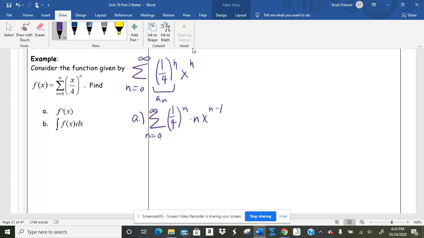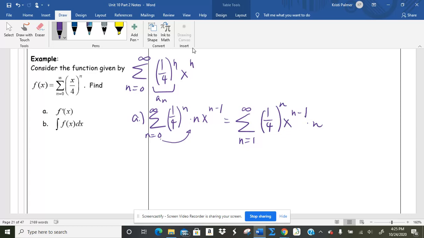When I do plug in 0, that is a 0 term, so I can go ahead and jump to 1 if I want and get to this. Oops, sorry, I left off my n. I left it off both times. Okay, there. So that n and that n stays. Everything stays the same. I can just jump forward because that's a 0 term.